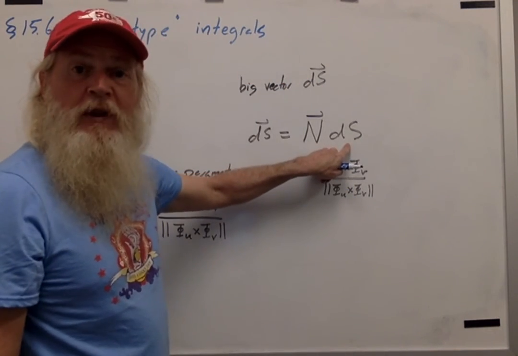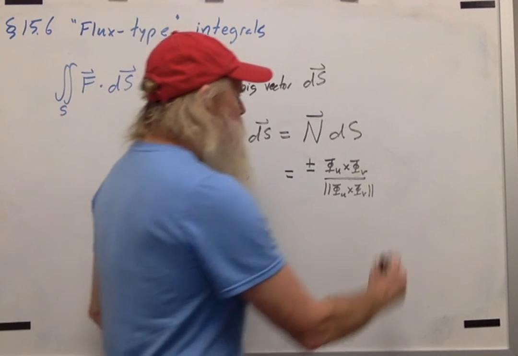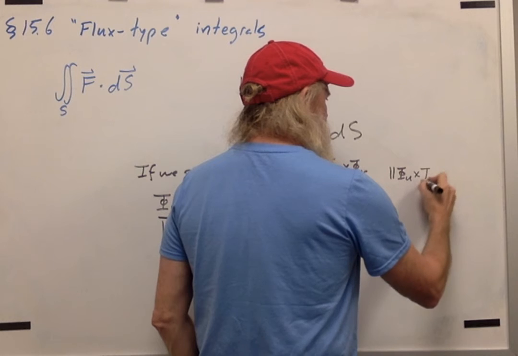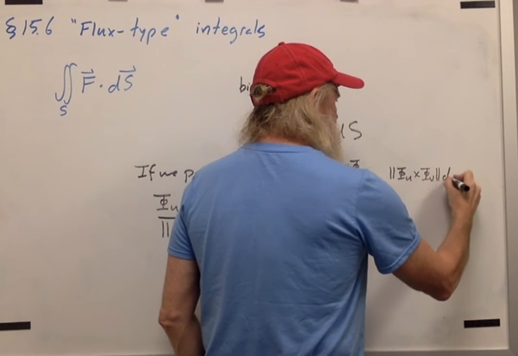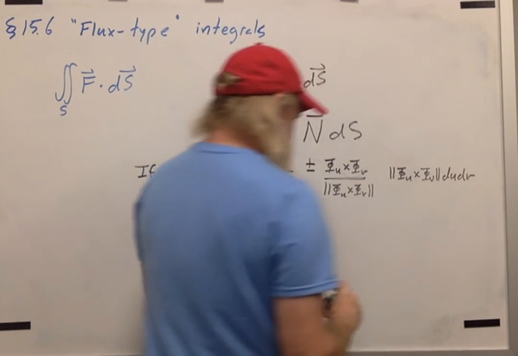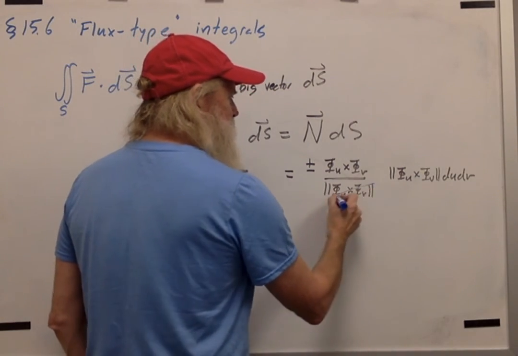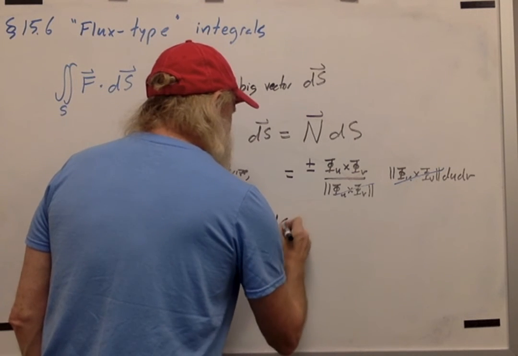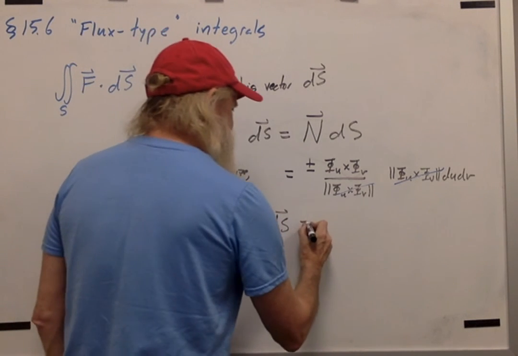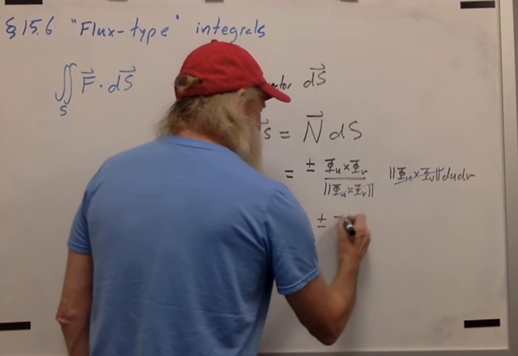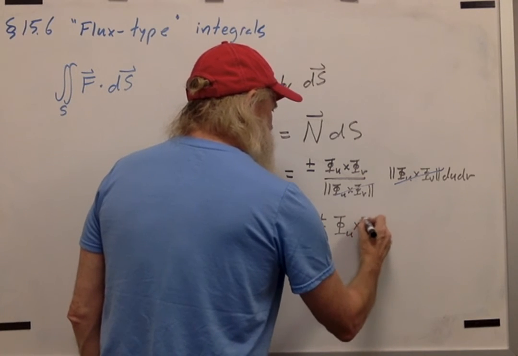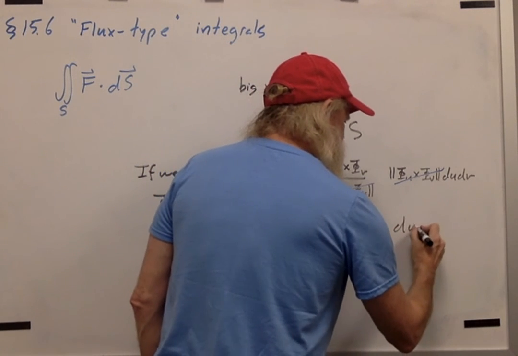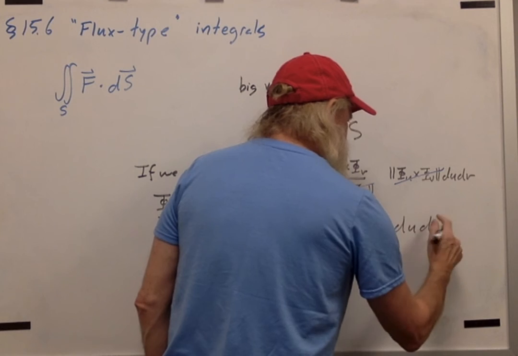Now we also have a formula for dS. dS, we know, is equal to the magnitude of the same cross product times du dv. Well, that's nice. Notice that these magnitudes cancel out, and we get the formula for big vector dS, which is plus or minus dφ/du crossed with dφ/dv times du dv.